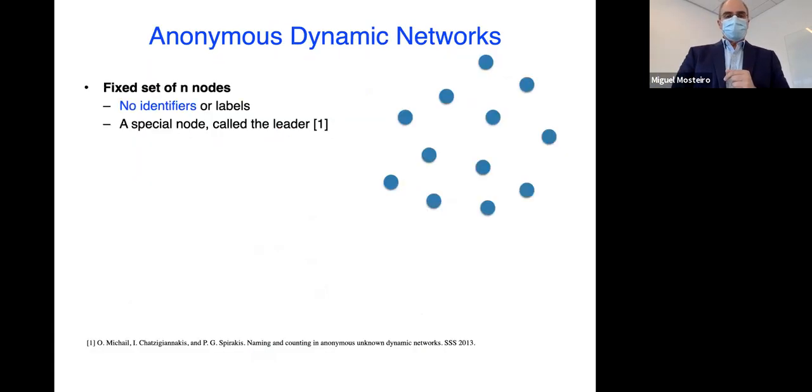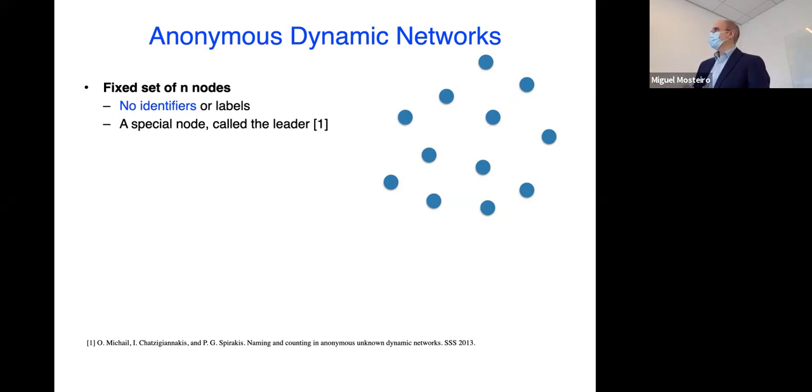The model is the following: we have a communication network with a fixed set of n nodes. The nodes do not have identifiers or labels. They are all indistinguishable, due to, for instance, the network being massive, or it being impractical or not cost effective to put unique identifiers in each node.